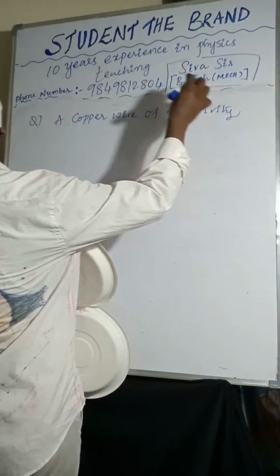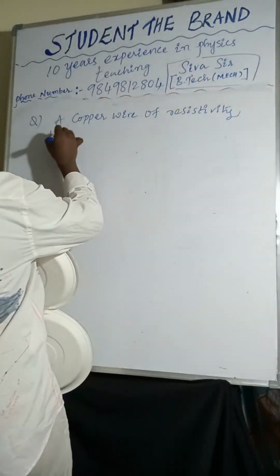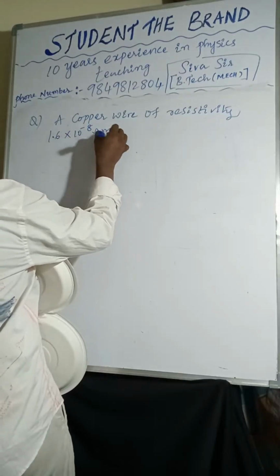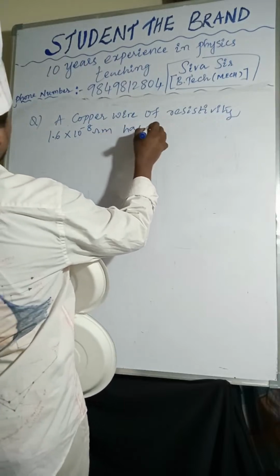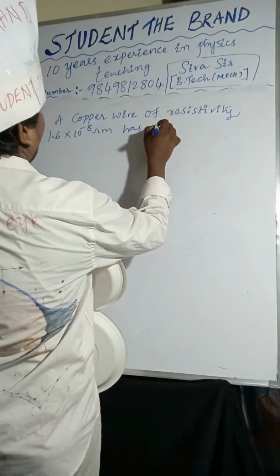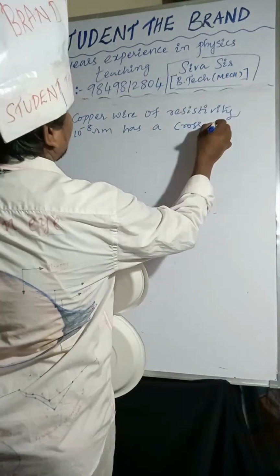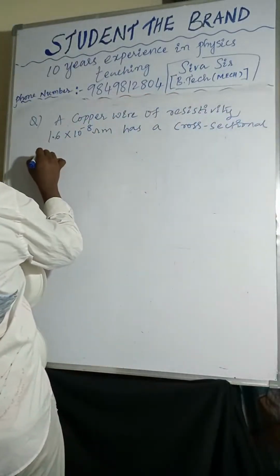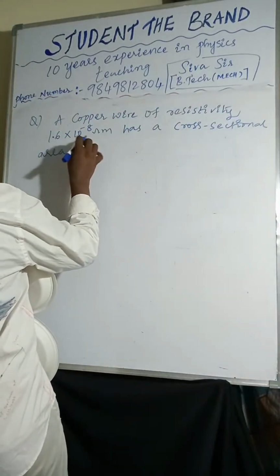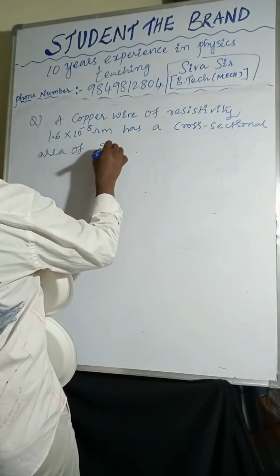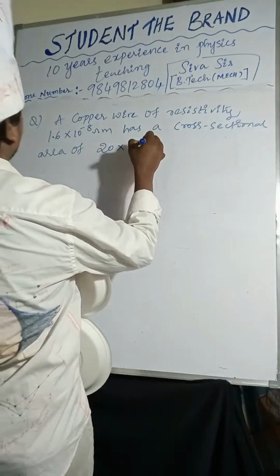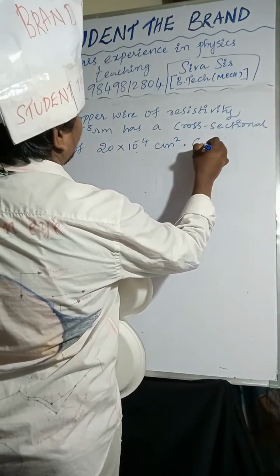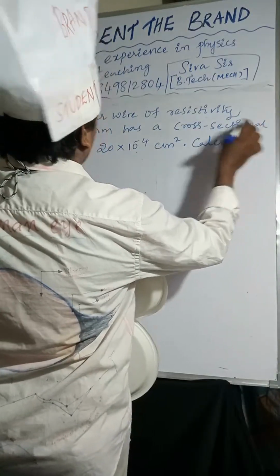A copper wire of resistivity 1.6 into 10 power minus 8 ohm meter has a cross sectional area of 20 into 10 power minus 4 centimeter square.